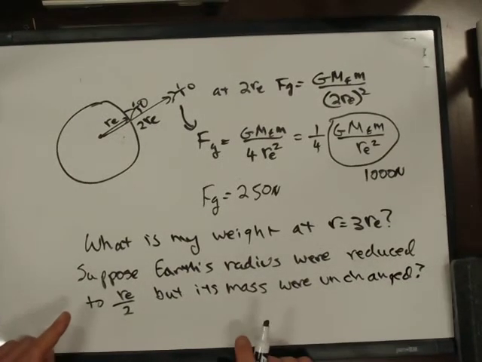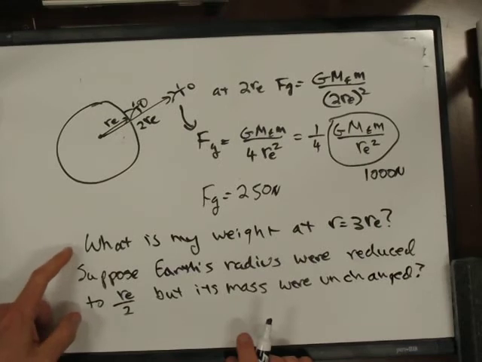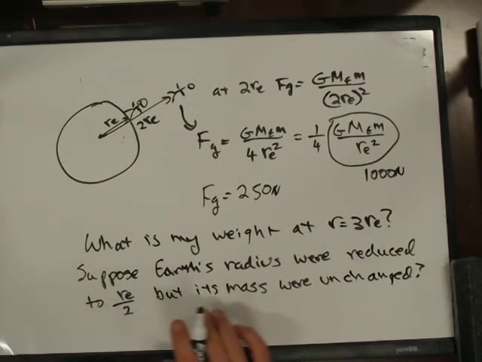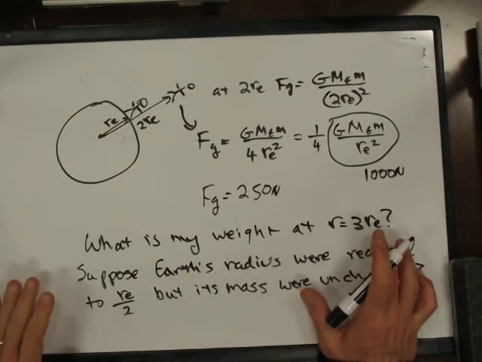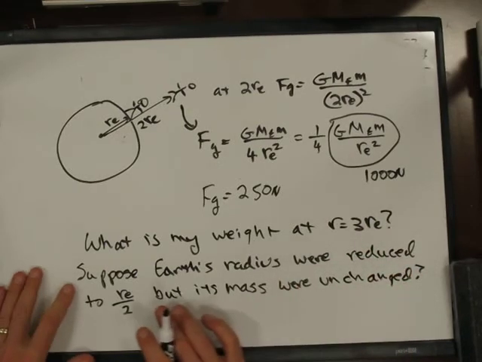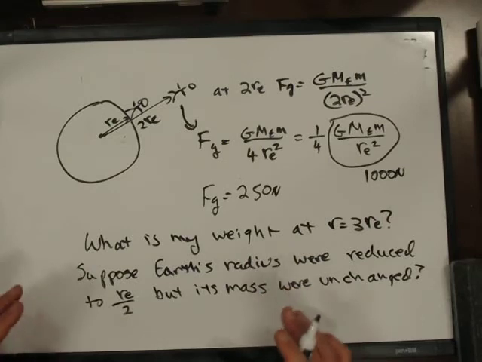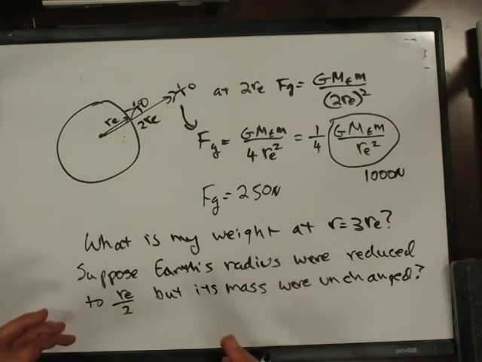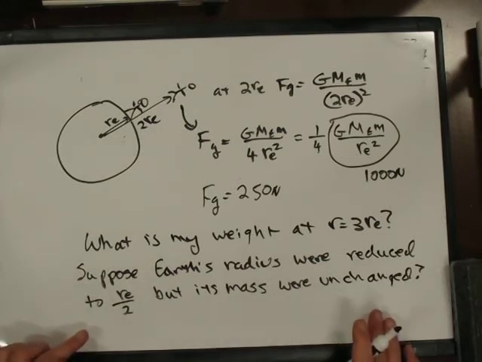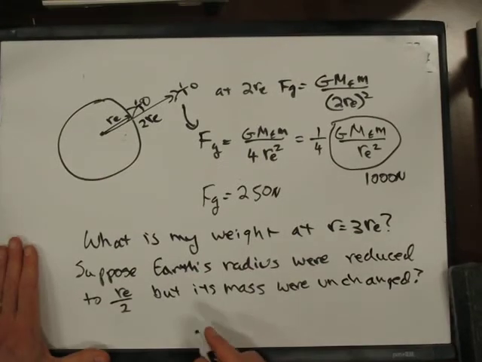So one question you can see if you can figure out on your own is, what is my weight at 3RE instead of 2RE? And my next question is, suppose the Earth's radius were reduced to RE over 2. In other words, its radius was half its current radius, but its mass was unchanged. And so we want to know what the force of gravity in that case would be.